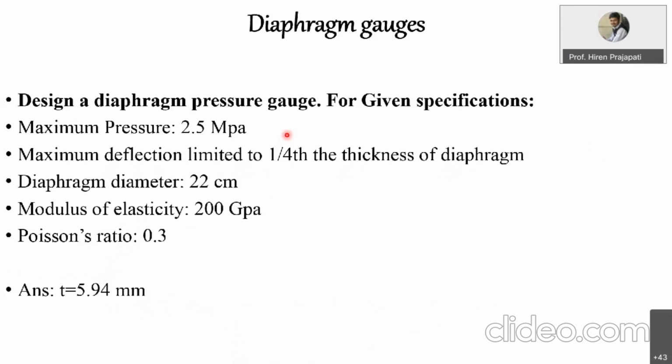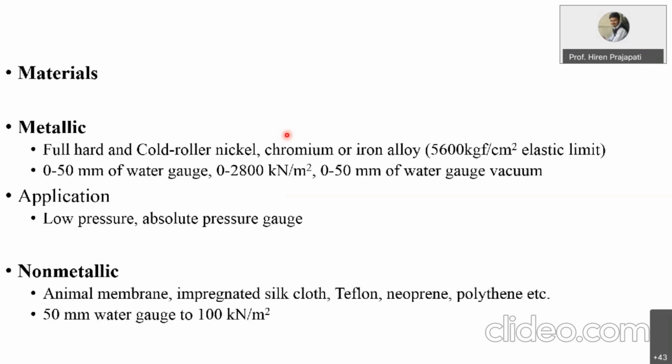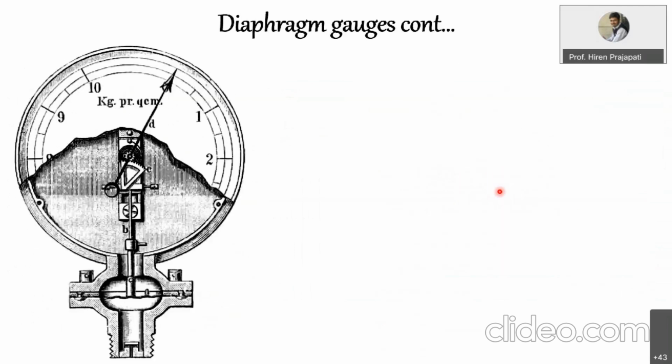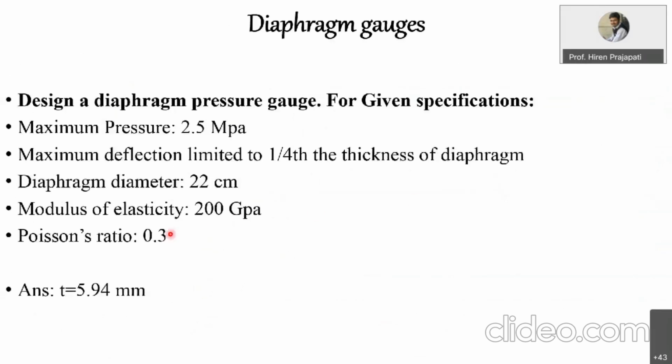Now this example is based on this equation which is shown here. It's a simple example based on this given data. If you feed it, that will give you the thickness of the diaphragm which is required for pressure measurement up to 2.5 megapascal.